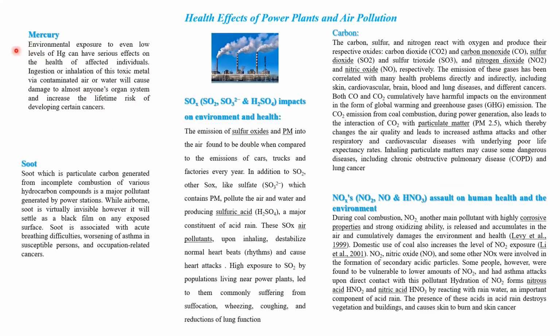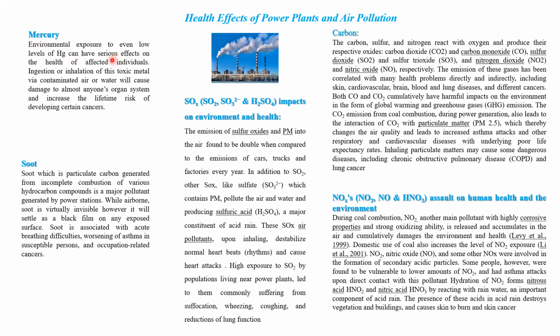So we saw that mercury, soot, sulfur components, carbon, and NOx components are the major emissions which cause air pollution in the surrounding area of the power plants. First we'll see mercury.